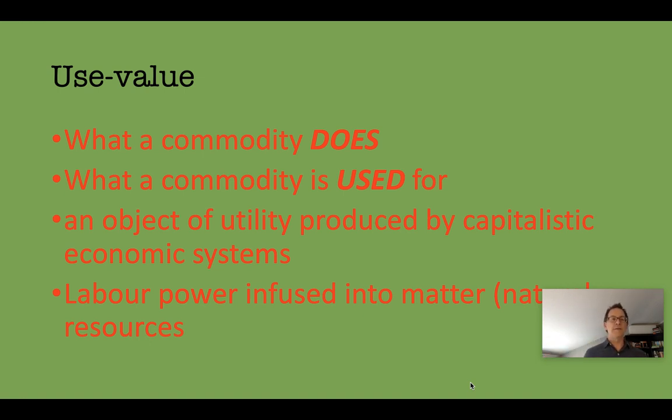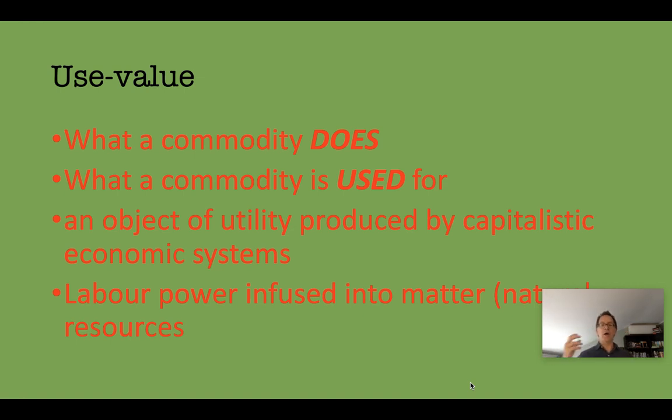And another way to be able to think of a use value is, an object of utility produced by capitalist economic systems. Or, to put it a little bit fancier, but maybe a little bit more precise, labor power, right? The work, the actual energy that's put into work, of the working class, infused into matter or natural resources.